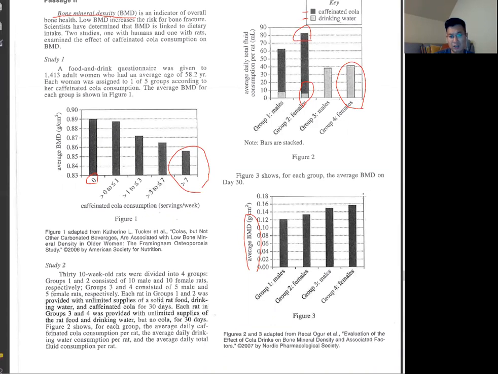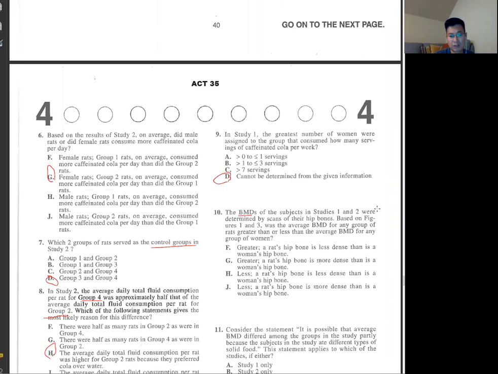So that relates to not drinking cola and drinking more water being better. Now coming back to the question, was average BMD for any group of rats greater than or less than average BMD for any group of women?